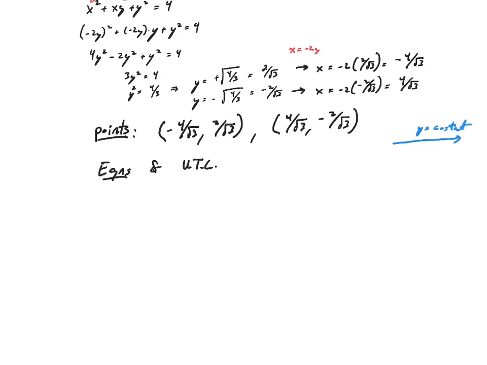And for a vertical line, you just have x is equal to a constant. So in this case, the equation of our line is just going to be x is equal to negative 4 over square root of 3, and x is equal to 4 over square root of 3. Okay. And that does it for this problem.